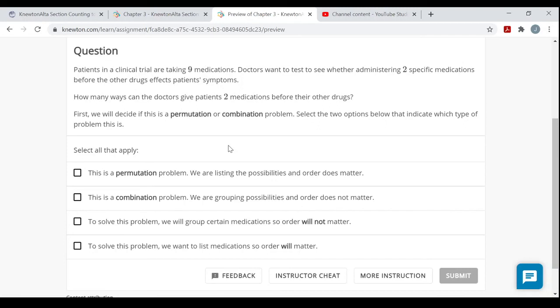So, all right, I'm going to say that if you give these people 2 medications before these other drugs and then see how they're affected, I would say it wouldn't matter, because say you give them drug A and drug B. Well, if you give them drug A and drug B and then the other meds, or drug B then drug A and then the other meds, you're still giving them these 2 drugs before the other drugs.